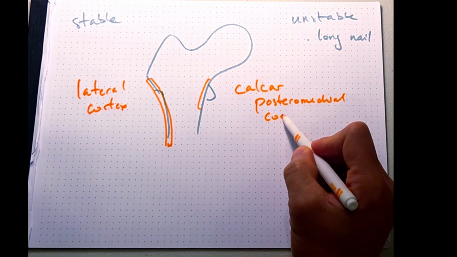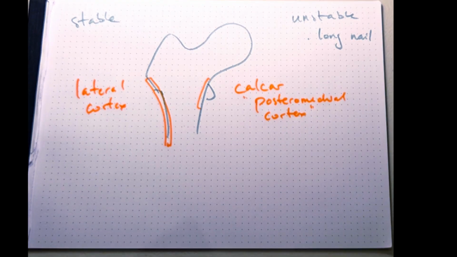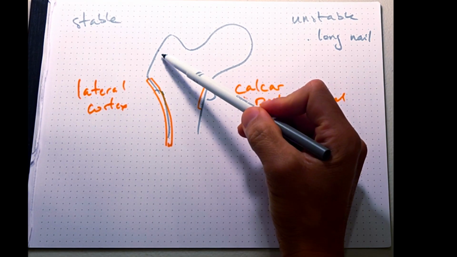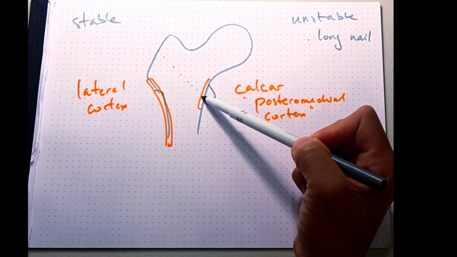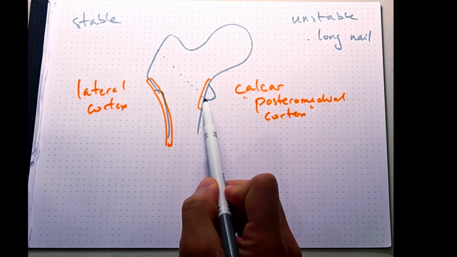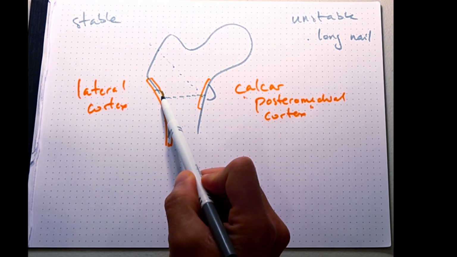Now, a standard intertroch fracture is going to go from the greater troch to the lesser troch. What if instead of the fracture exiting out the greater troch, it exited out this way?